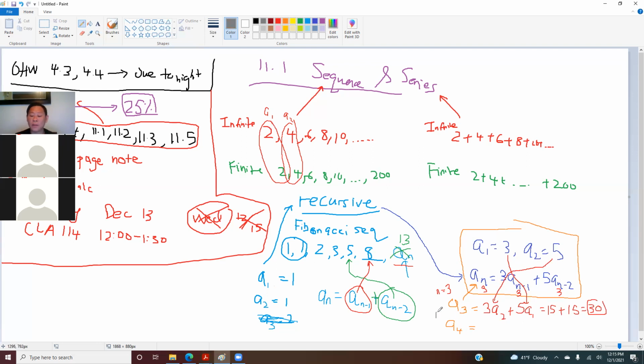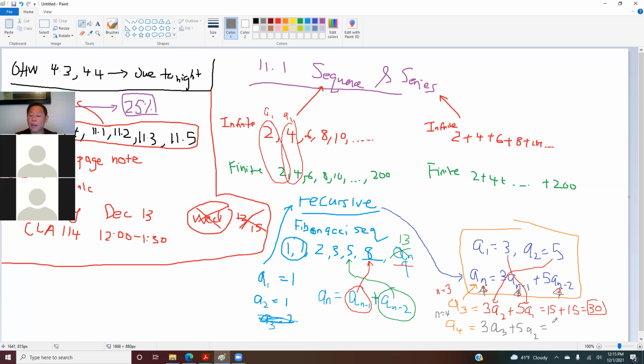Now, in order for you to find A4, if you refer to your formula, that means your n in this case will be 4. So if you change all this to become 4, then you get A4. So A4 in this case is 3 times A3, because 4 minus 1 is 3, plus 5 times A2 because 4 minus 2 is 2.